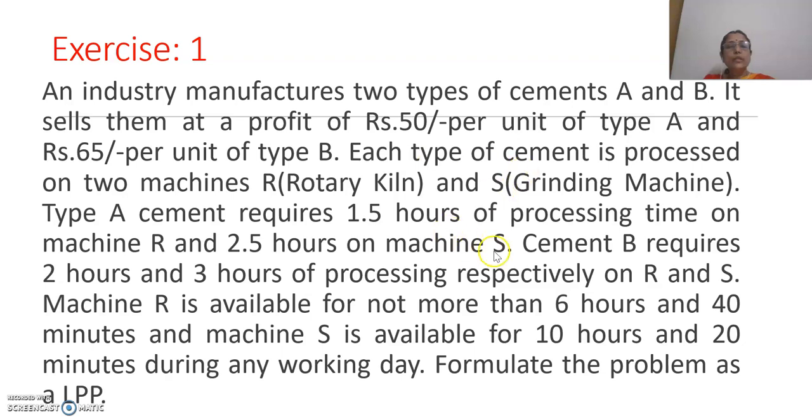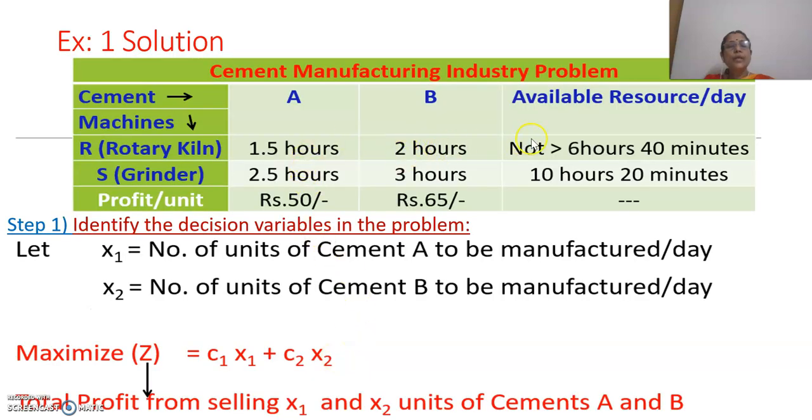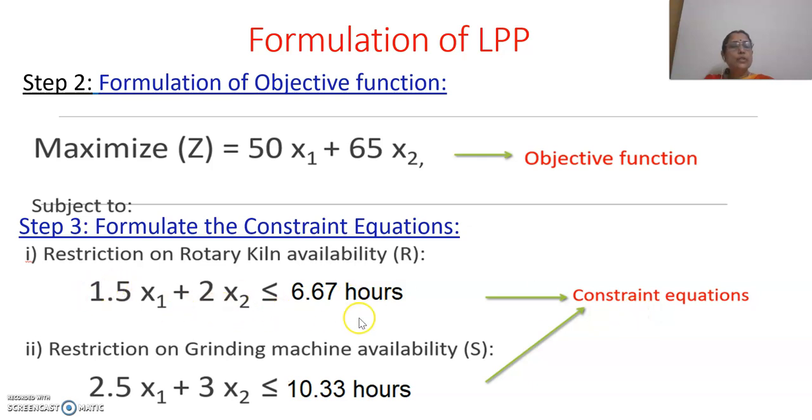Here we can see that the machine time is restricted to 6 hours and 40 minutes for R and 10 hours and 20 minutes for S. So whatever we produce with respect to A and B should be less than or equal to 6 hours 40 minutes with respect to R and 10 hours 20 minutes with respect to S. These can be written as 1.5 x1 plus 2 x2 less than or equal to 6 hours 40 minutes, and the second constraint will be 2.5 x1 plus 3 x2 less than or equal to 10 hours 20 minutes.